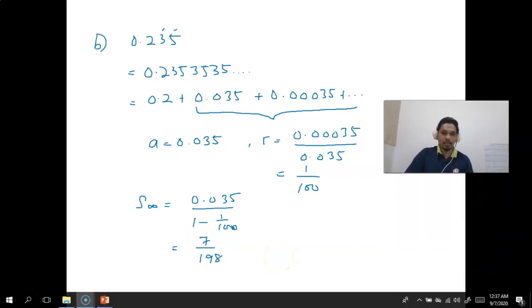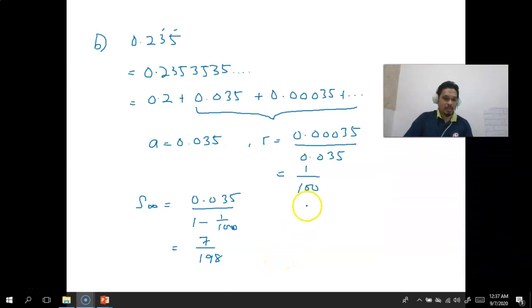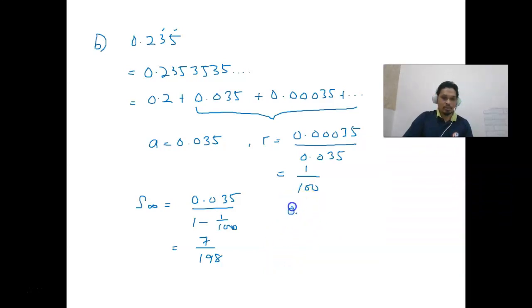And now 0.235 equal to 0.2 plus S infinity, which is 0.2 plus 7 over 198, and 0.2 is 1 over 5.